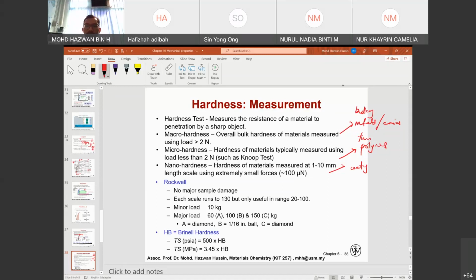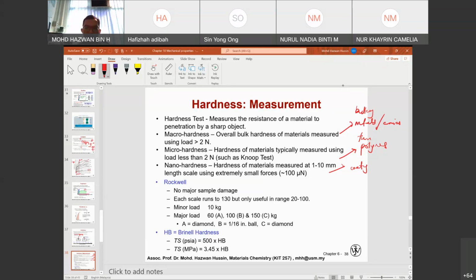Okay. Right, so we have different examples for macro hardness. For example, the Rockwell test. For the Rockwell test, the minor load will be around 10 kilogram, and the major load will be even higher: 60, 100, 150, and so on. We also have the so-called Brinell test, which has a different load as well.